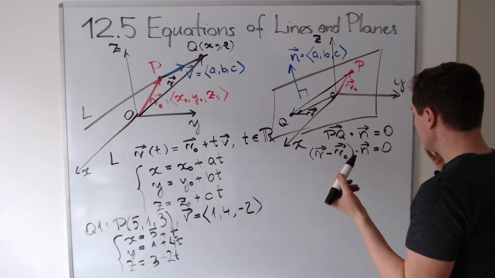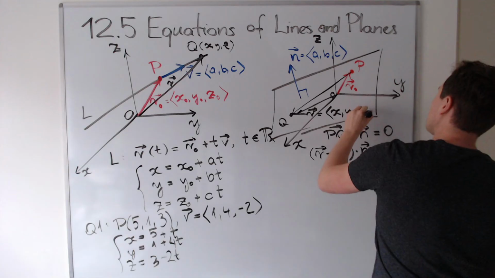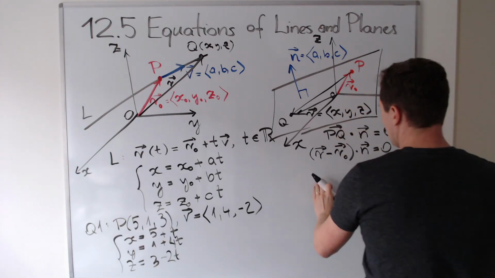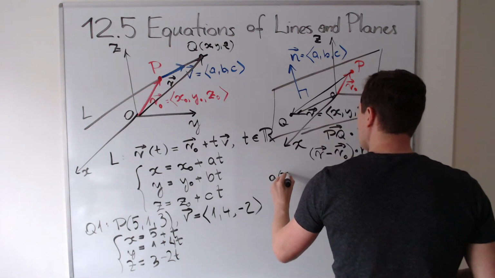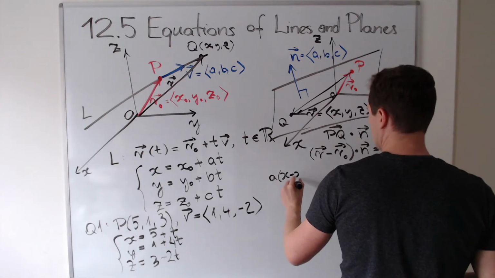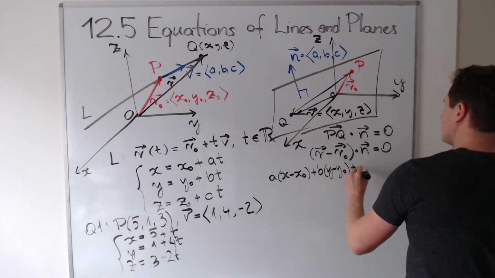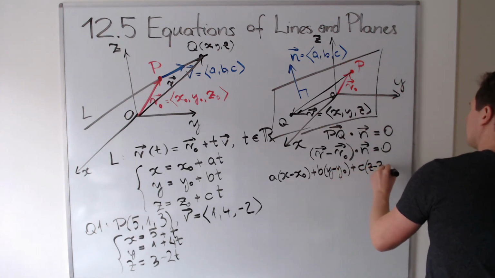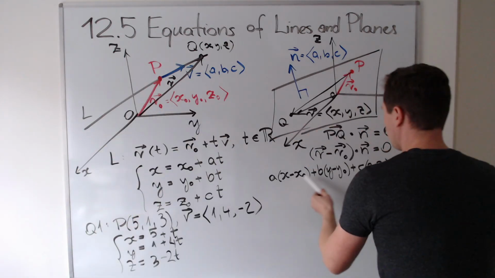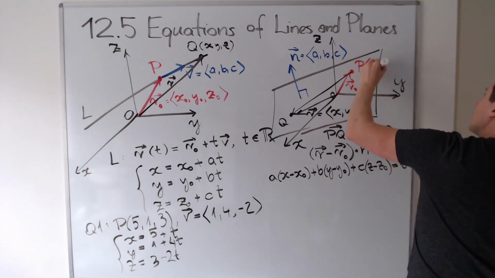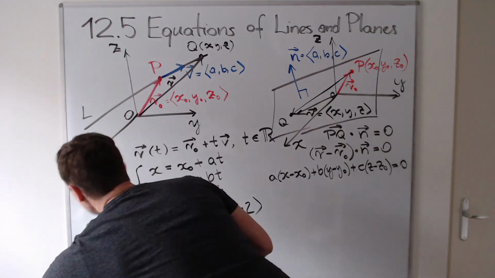And with that, we have the equation. Now, if I write that in components, if this position vector has components x, y, and z, then this equation, using the dot product, turns into A times x minus x naught plus B times y minus y naught plus C times z minus z naught equals 0, where x naught, y naught, and z naught are the coordinates of that given point P on the plane.